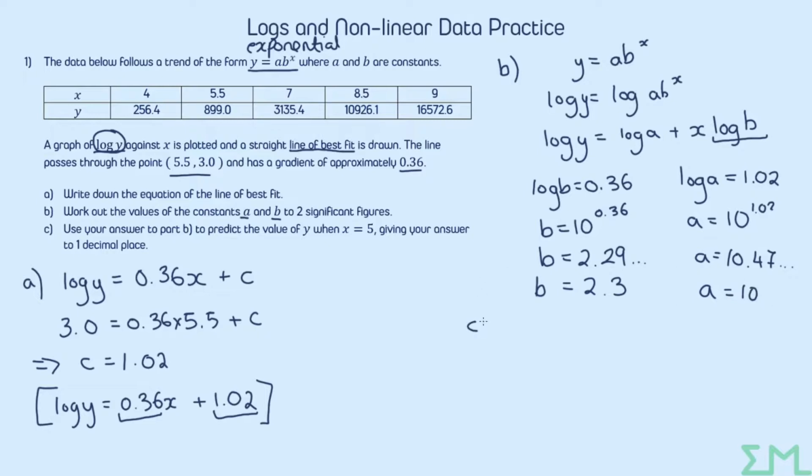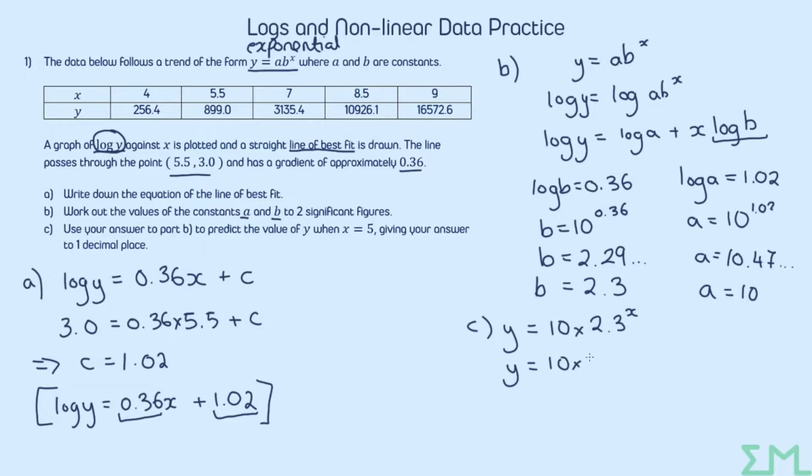Okay, part C, use your answer to part B to predict the value of y when x is 5. So first of all, I'll write out the model with the values that I found so far. So a times b to the power of x. Okay, remembering not to be tempted to do 10 times 2.3 here.